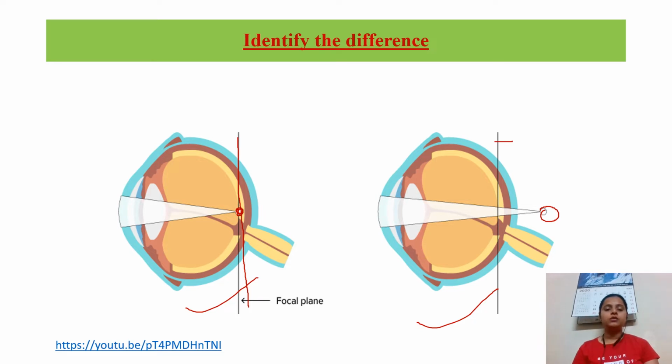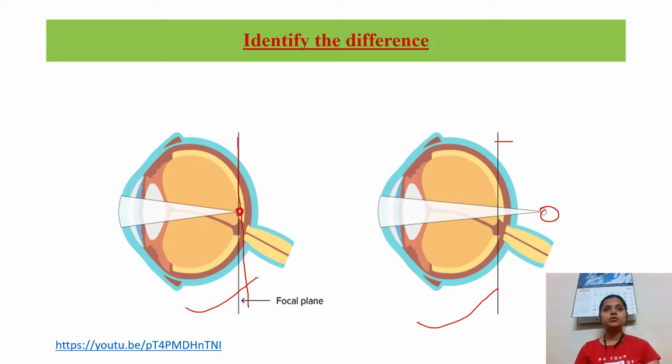So what can you say? In which condition is the image formed behind the retina instead of on the retina? Yes, try to recall if you have any idea. There are some people in the class who were not able to see nearby objects very clearly, isn't it?